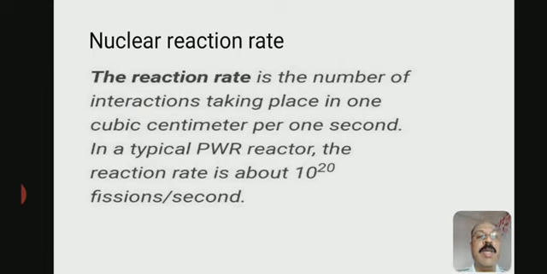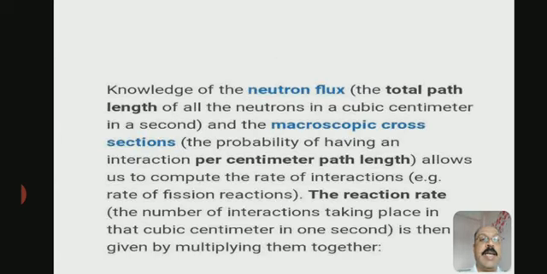Now the nuclear reaction rate. The reaction rate is the number of interactions taking place in 1 cubic centimeter per 1 second. In a typical PWR reactor, the reaction rate is about 10 to the power of 20 fissions per second.